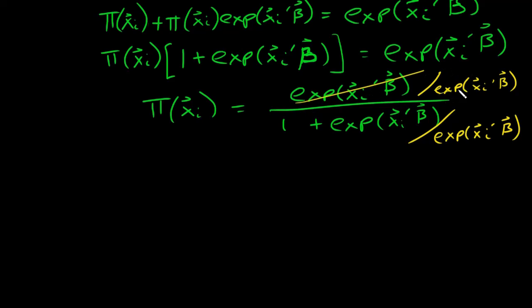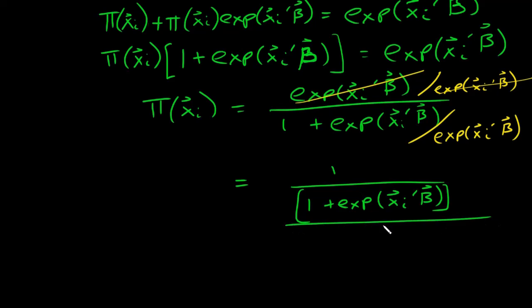So this cancels with this, and in the numerator I'll have 1. In the denominator, I have a compound denominator, because I have this divided by this. So I divide both the 1 and the other term by e to the power of xi transpose times beta.